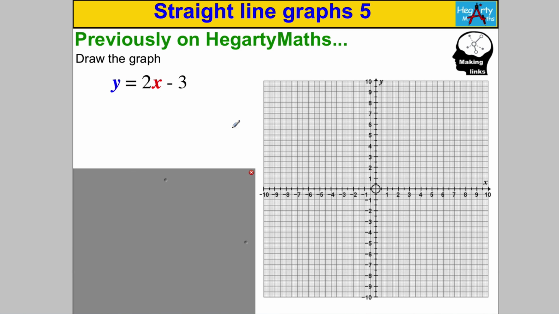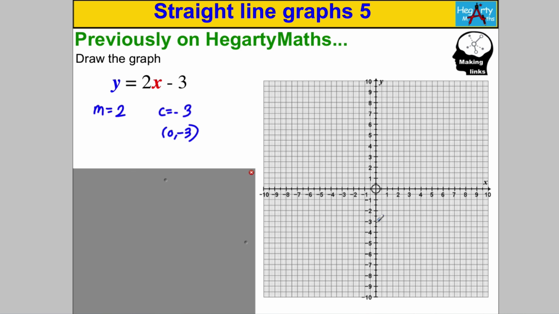Next, I asked you in the last video to draw graphs like that. You should be able to do that now, and I want you to pause the video and draw the graph using the form y equals mx plus c. Well, m was 2, c was -3, so the gradient is 2 and the y-intercept is 0, -3.